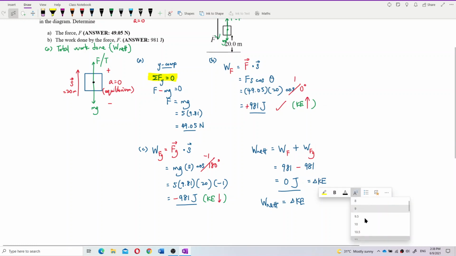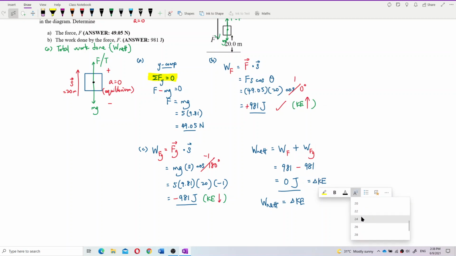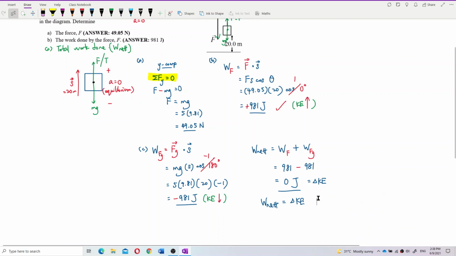We call it work energy theorem. This is in the final subtopic. Net work done is equal to change of kinetic energy.